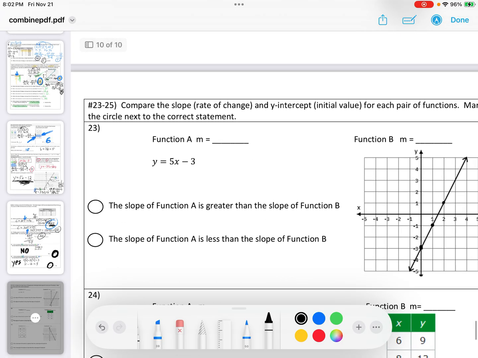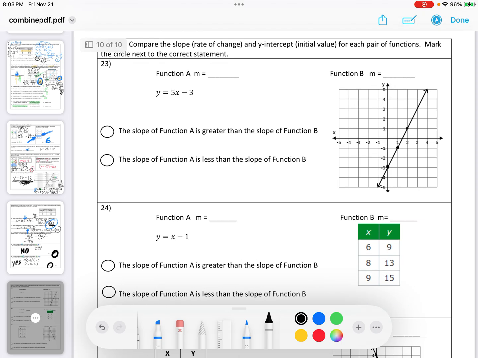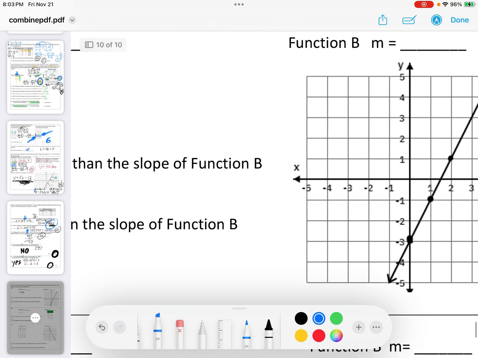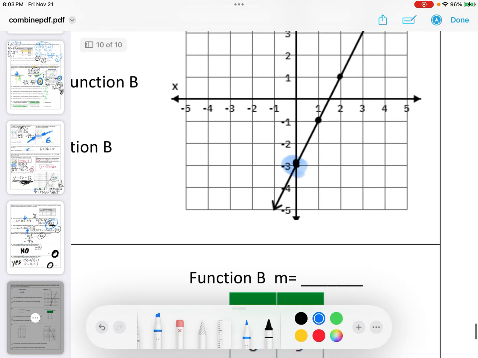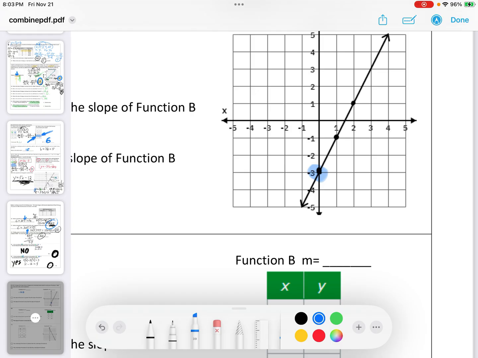All right, compare the slope and y-intercept for each pair. Okay. Which is greater? Well, we can tell right away that the slope is 5 and the intercept is negative 3. Here, the intercept is negative 3, and the slope, we need to count it. 1, 2, 1.